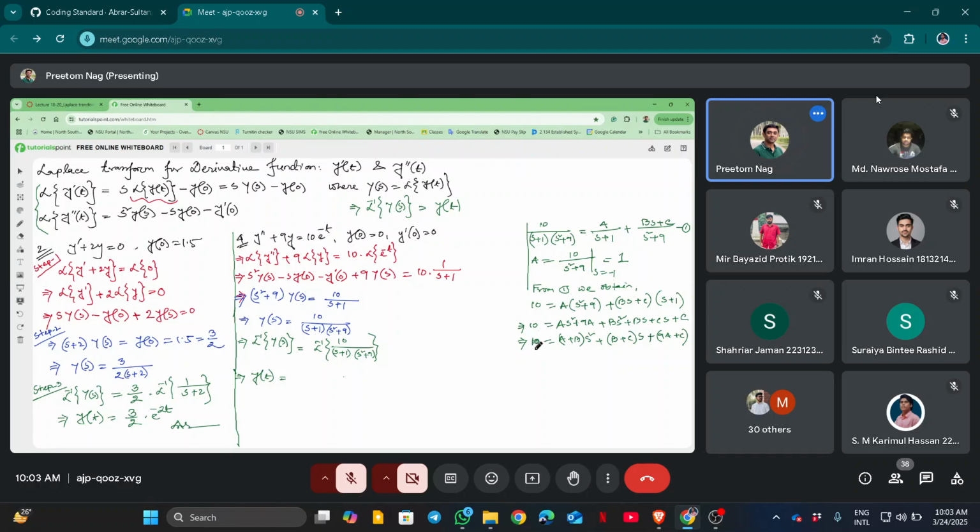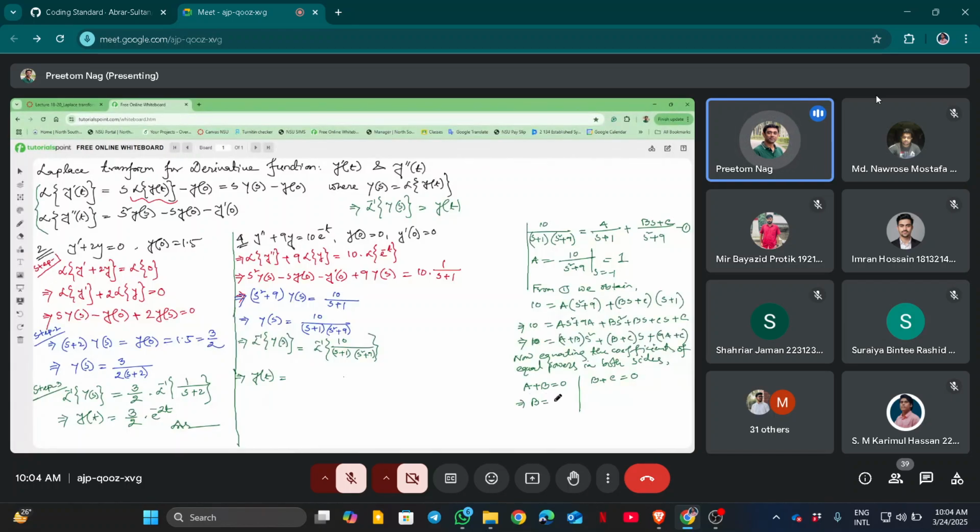Now, equating the coefficients of equal powers on both sides, we obtain A plus B equals 0, and B plus C is also equal to 0.